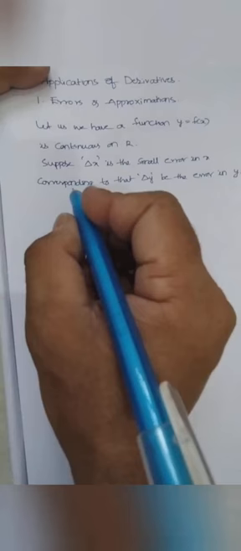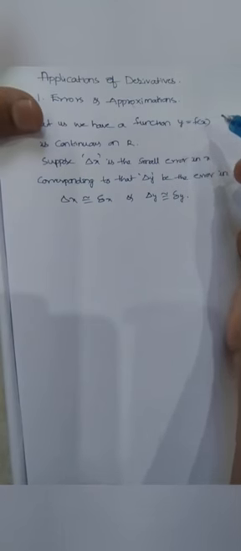Sometimes delta x and delta y can be represented in this way also. Let us check if this type of error exists in the function y is equal to f of x, then how the function will modify.